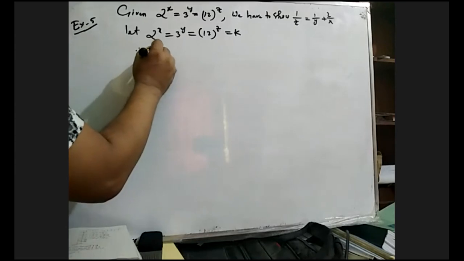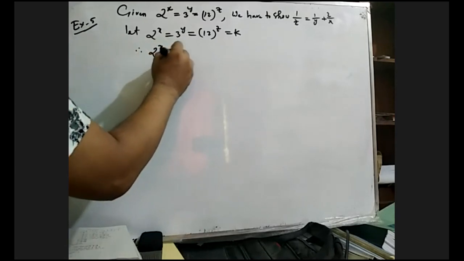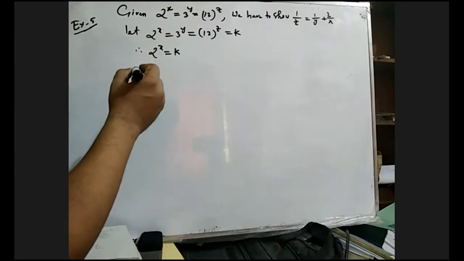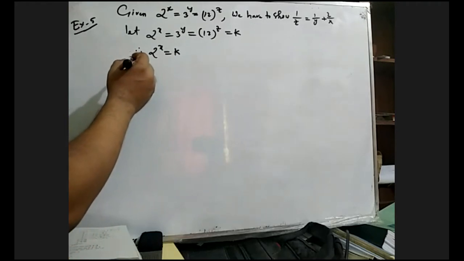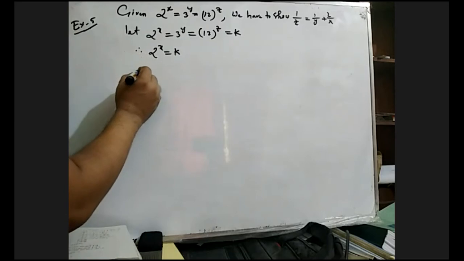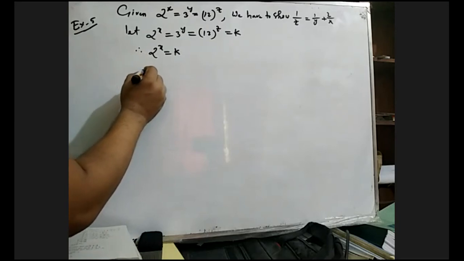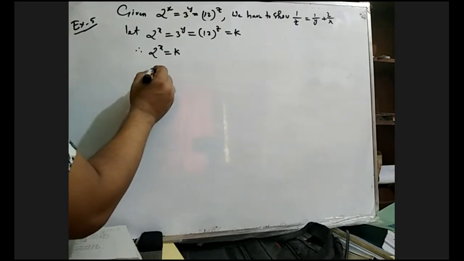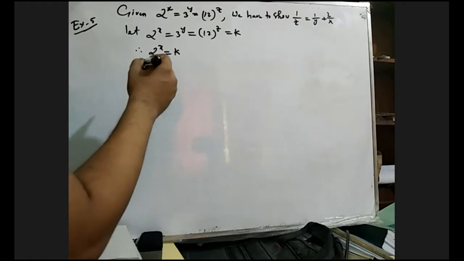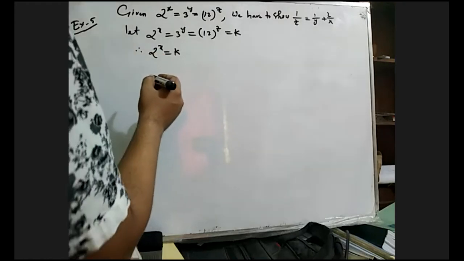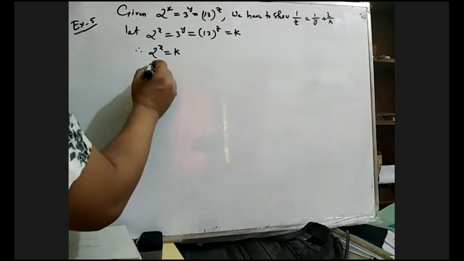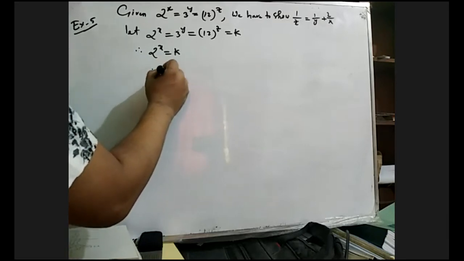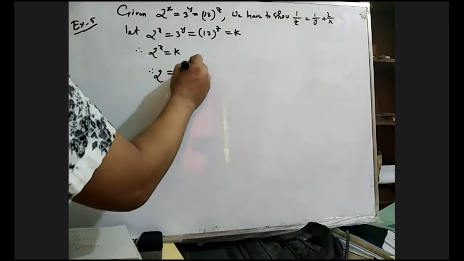So therefore 2 to the power x equals to what? K. So this can be written as 2 equals to what? 2 equals to k to the power 1 by x.